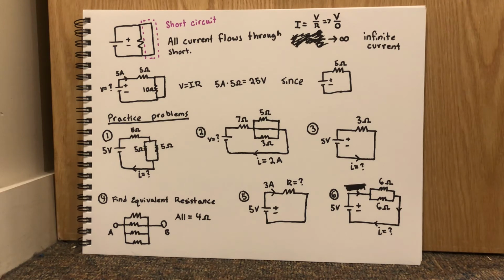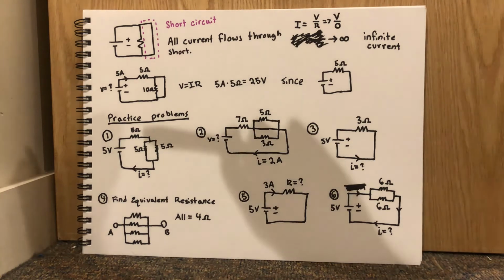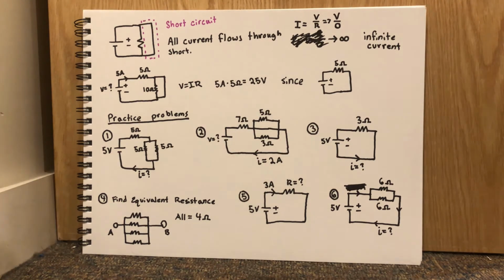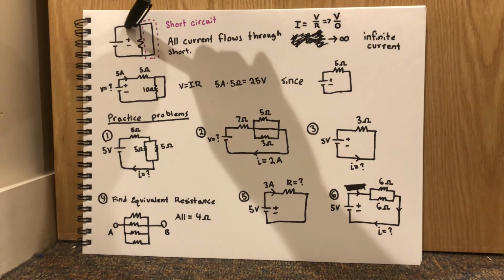Alright guys, so the last thing we're going to talk about today is short circuits. So in the circuit diagram above, we see that we have a wire parallel to our resistor, but it has no resistance. And as we know from earlier, it's going to want to take the easiest path. So we're going to have all of our current go through the wire here.